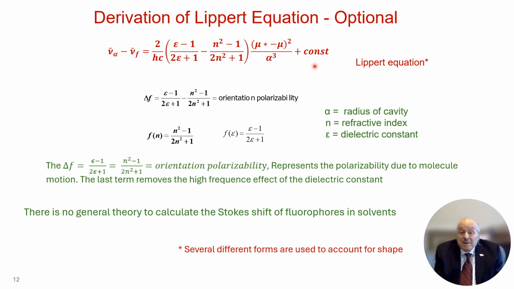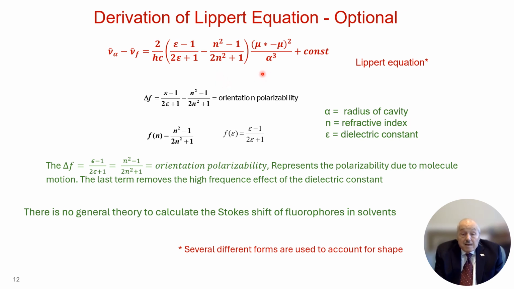And it looks pretty messy, but it's not quite as bad. What they have here is the difference in energy between the absorption and the fluorescence. So this is common in physics, to use the energy of the photon instead of the wavelength.